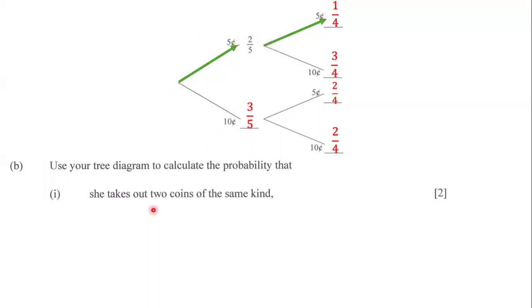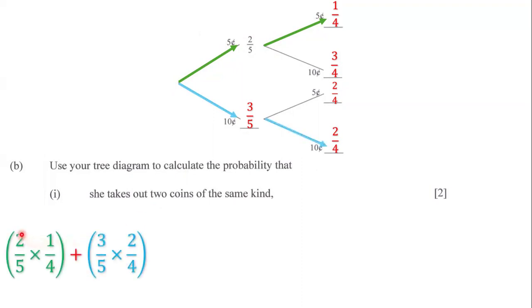Well, the probability of her getting a 5 cents on the first try is 2 over 5. And the probability of her getting a 5 cents on the second try after she got a 5 cents on the first try is going to be 1 over 4. So you're going to say 2 over 5 multiplied by 1 over 4. That's the probability of getting a 5 cents and then a 5 cents again. Okay, so we have to multiply these two.